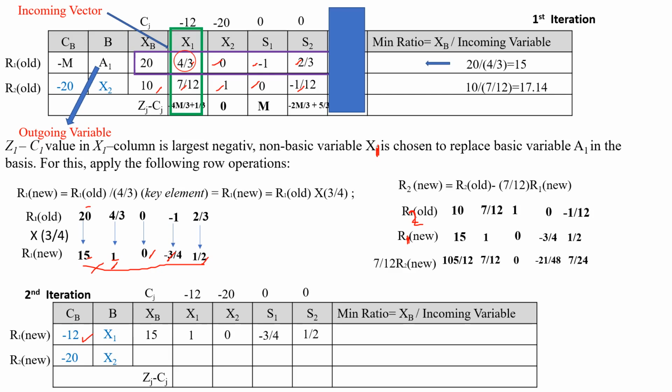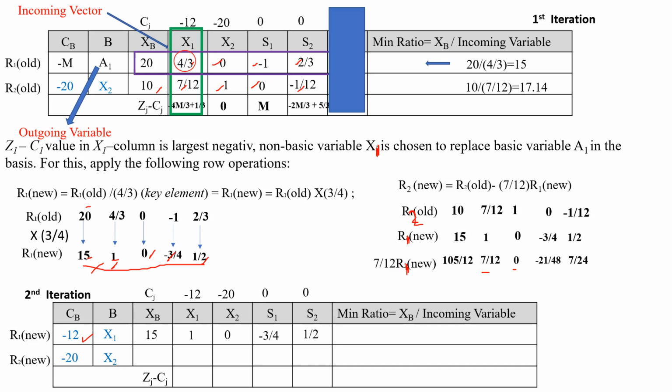Next we multiply the R1 new elements with 7 by 12: 15 into 7 by 12 is 105 by 12, 1 into 7 by 12 is 7 by 12, 0 into 7 by 12 is 0, minus 3 by 4 into 7 by 12 is minus 21 by 48, and 1 by 2 into 7 by 12 is 7 by 24.